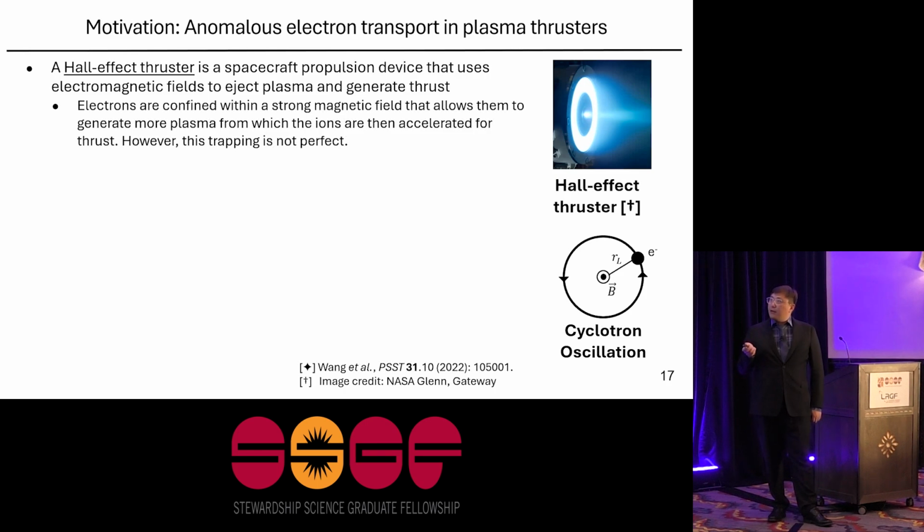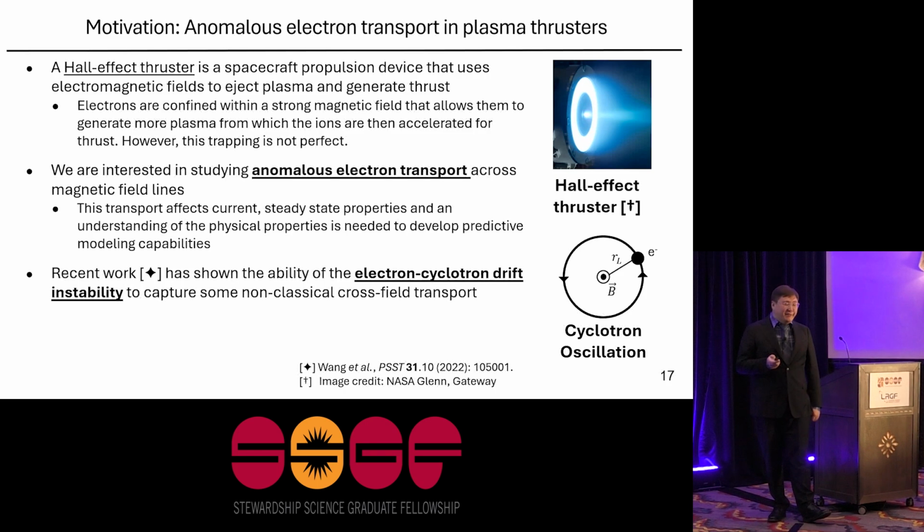So the first test case we looked at was actually in a low temperature plasma, this Hall effect thruster. And what's interesting here is that the experiments and the kinetic results have found that there is a higher degree of transport of electrons across magnetic field lines than what's predicted by classical theory.